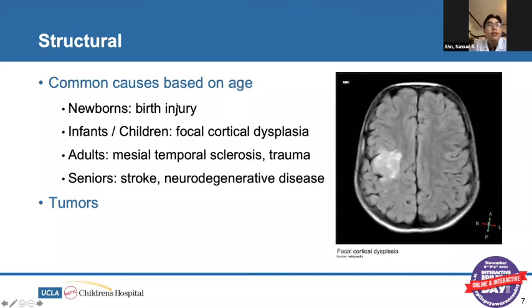In newborns, one of the most common causes of epilepsy is birth injury, or a medical term that we sometimes use is hypoxic ischemic encephalopathy, or HIE. And this results oftentimes from a baby not receiving adequate oxygen at the time of birth.